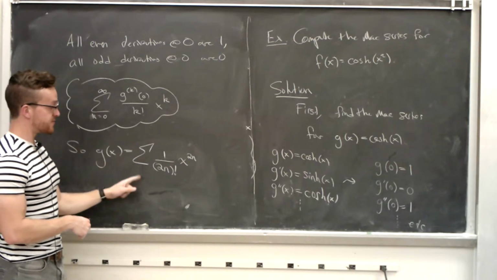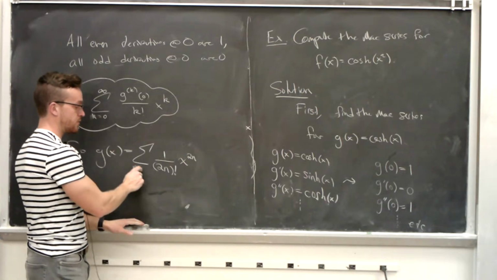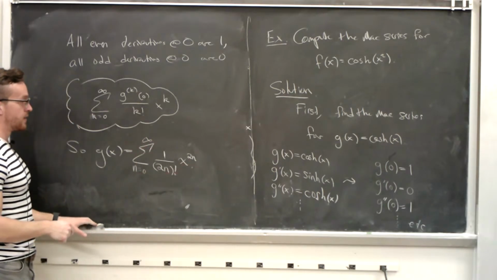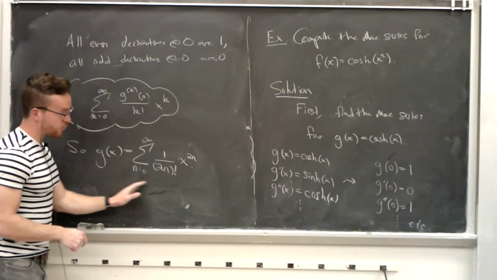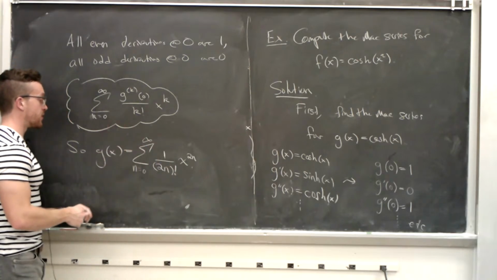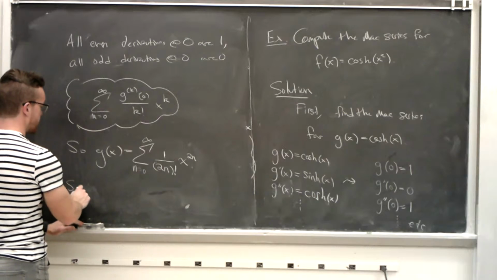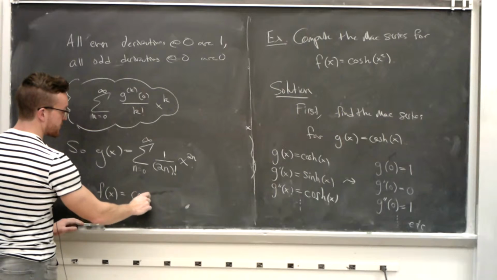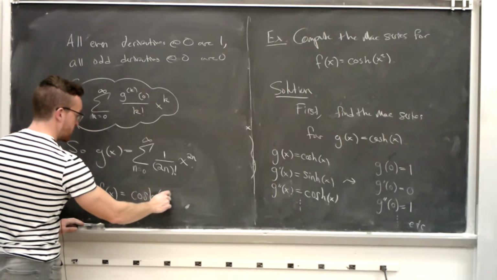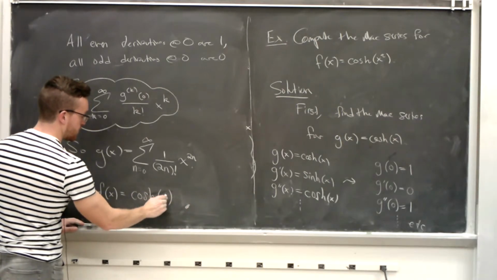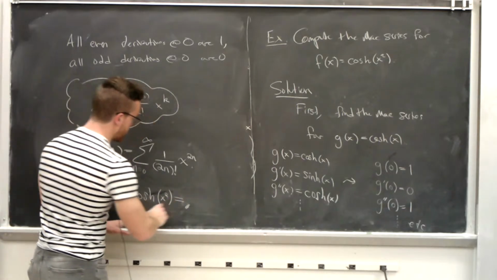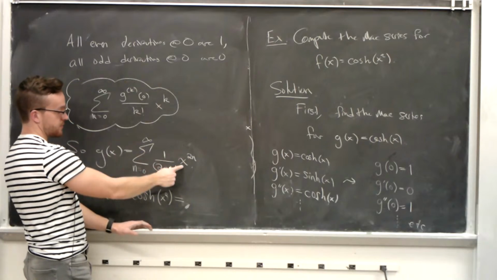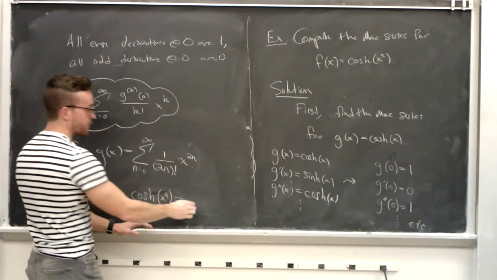That's the Maclaurin series for cosh of x. Then with that, we can figure out cosh of x squared pretty quickly. So f of x, which is cosh of x squared, I just take this expression, and anywhere I see an x, I stick in x squared.